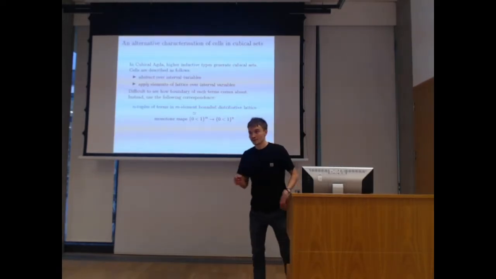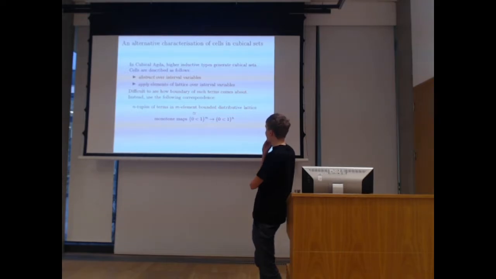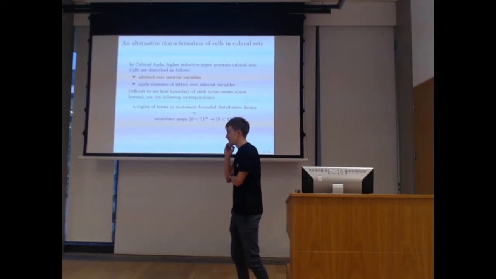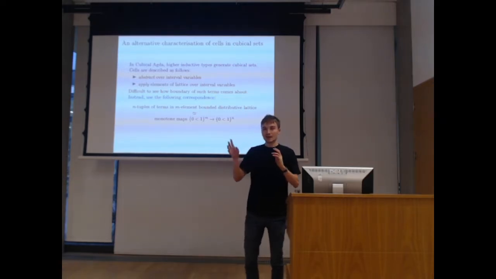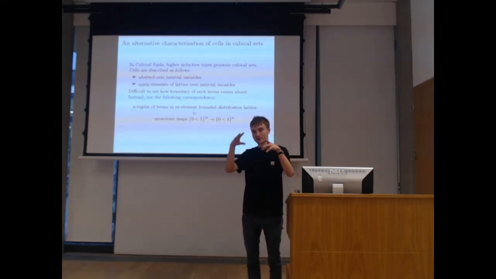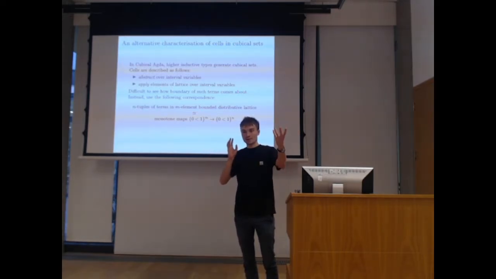In this talk, Antoine talked about connectives. And the idea of cubical type theory is, if we have some higher inductive type which describes a cubical set, so we have some cells lying around in this cubical set, then we use abstraction and application to transform some of the cells into other cells.